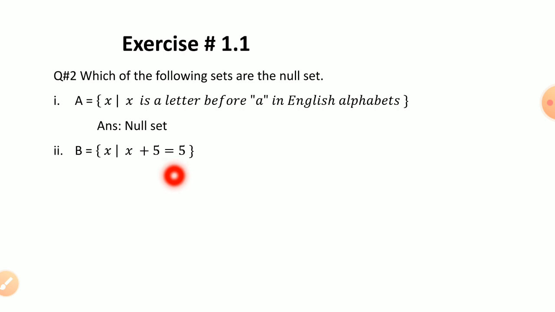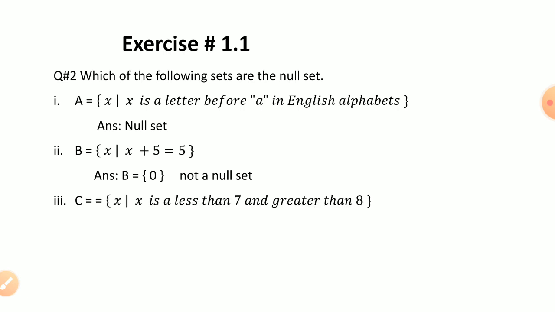Yes, we have a number. We have the number 0 which when added to 5 gives 5 as the answer. So set B will have 0 in it. It means set B is not a null set. We have found a number, that is 0. It means set B will have one element. So set B will not be a null set.